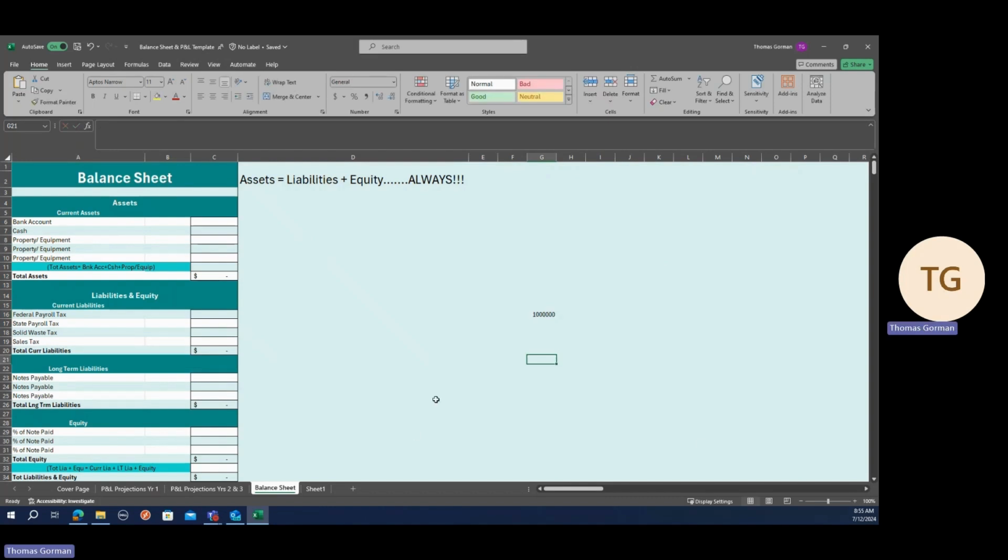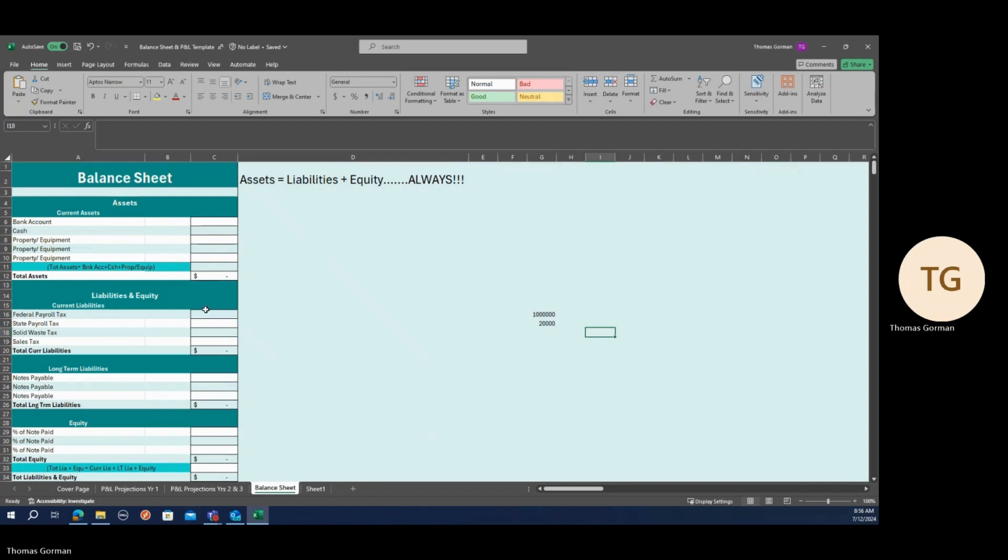And with that $100,000, you were going to buy equipment, you were going to rent a building, you were going to buy inventory, you were going to buy all the things necessary to start your business. Now, on top of that, let's say you brought in with you $20,000 of your own money. So then we have a total of $120,000.